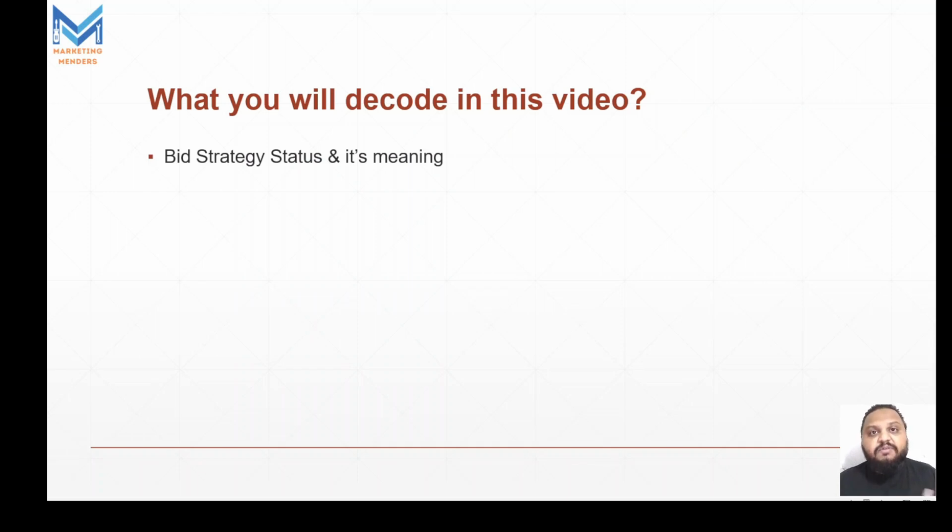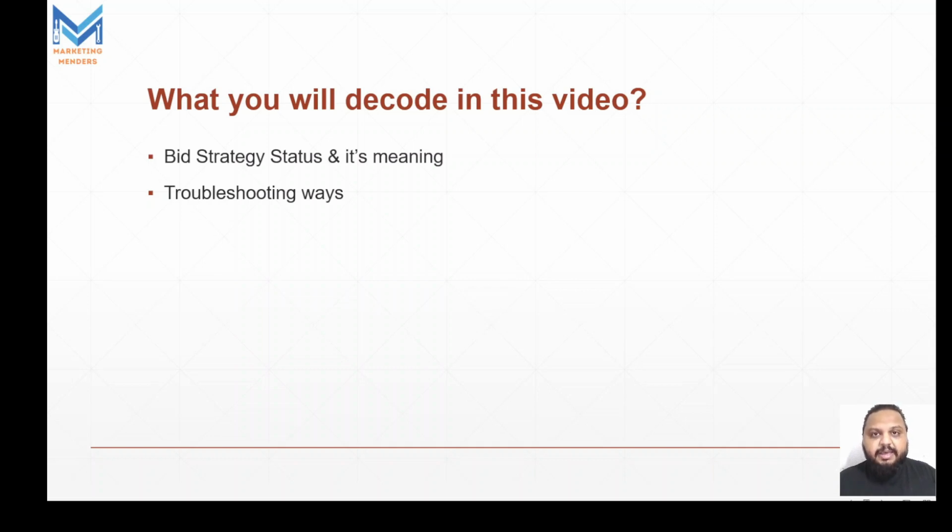What is the meaning of the different statuses available on Google Ads? And if there is any problem with the bid strategy, how can we troubleshoot those errors and those issues? That is what we are going to discuss in today's video. So please stay tuned, stick to this video so that you can identify probable reasons for non-performance of your Google ad campaign.